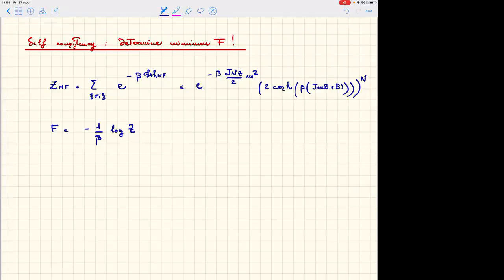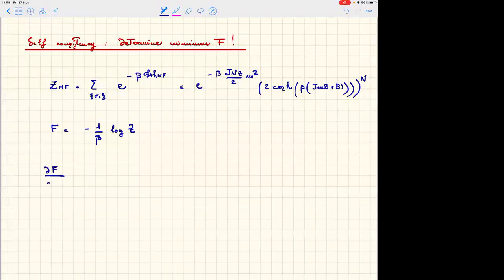Because I know that m is a macroscopic variable, and when I consider macroscopic variables, I should look for minima of the free energy as equilibrium states of my system.